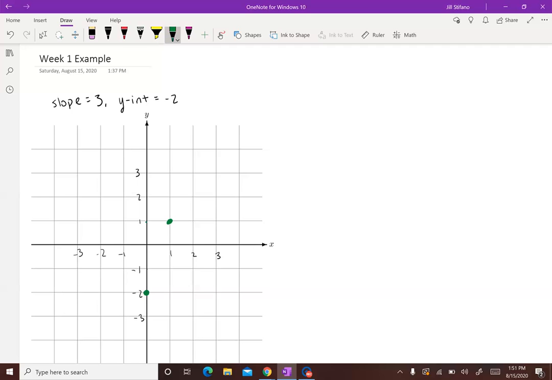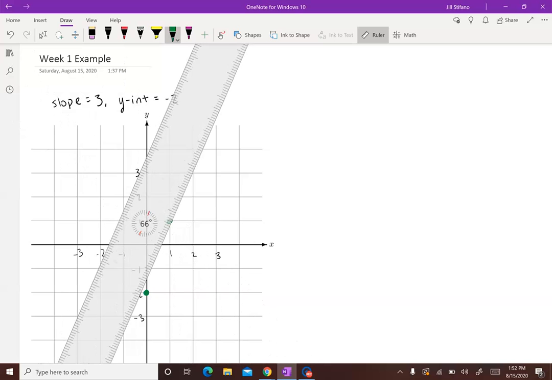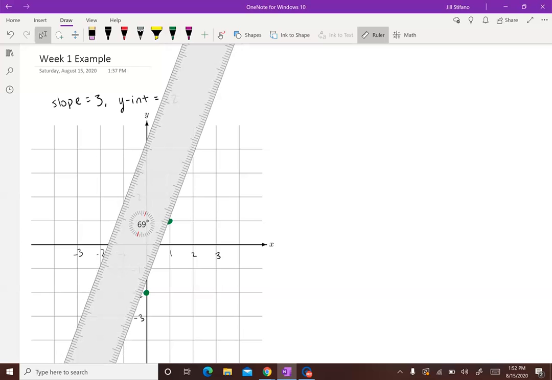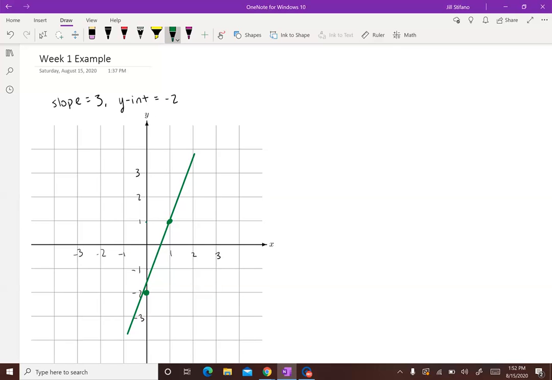So we have another point here. And that's all I need to draw the line of what we know. Like that. Great, so we have the graph.